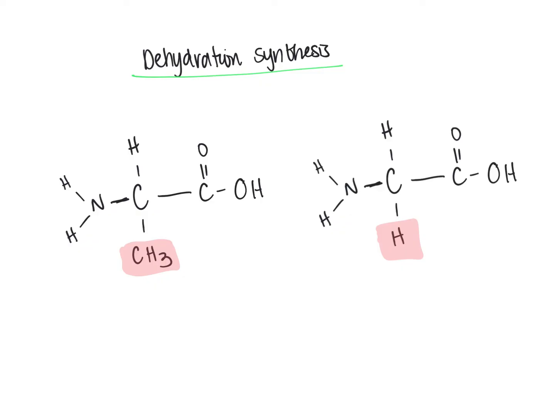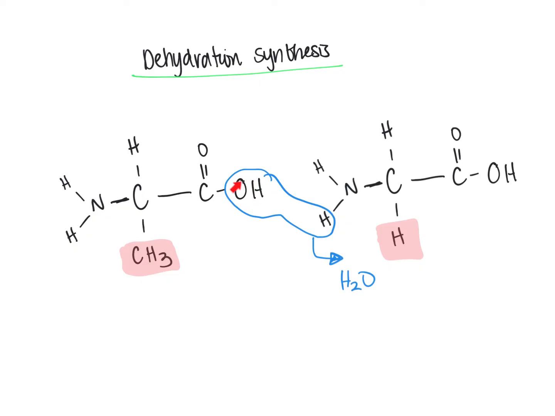And you'll notice that on this amine group, there's no oxygen that's going to be available to donate to this dehydration synthesis process. So the carboxyl group on this amino acid is the one that's going to give up this OH group. And this amine group on this side is going to only need to give up one of the H's. So this is where the water is going to come from.